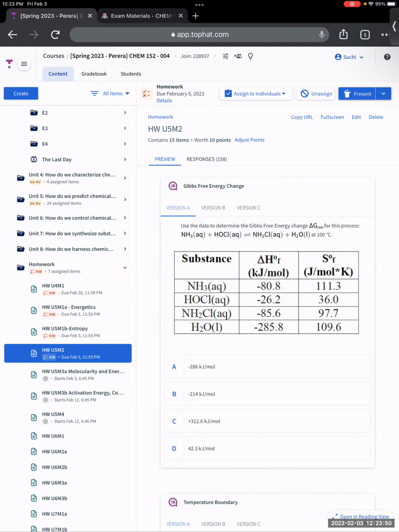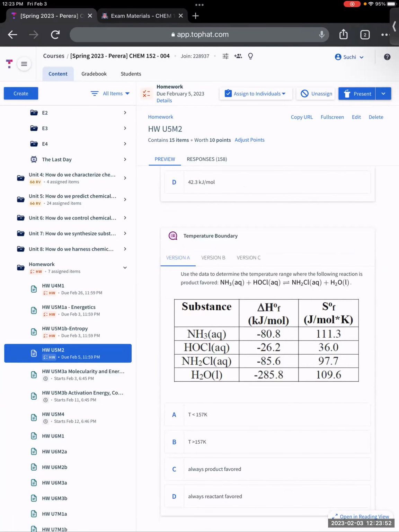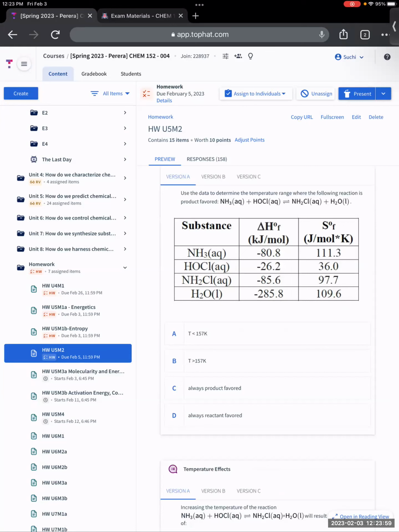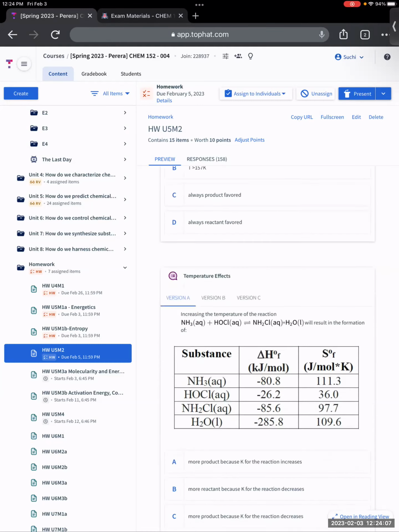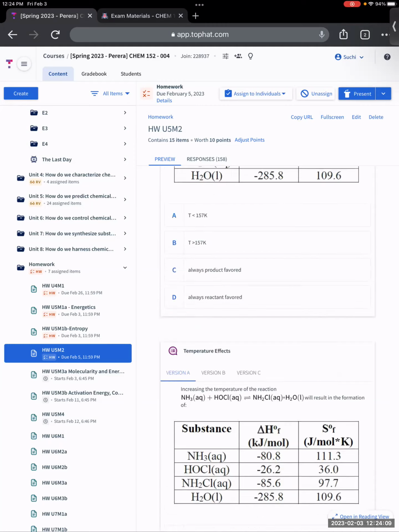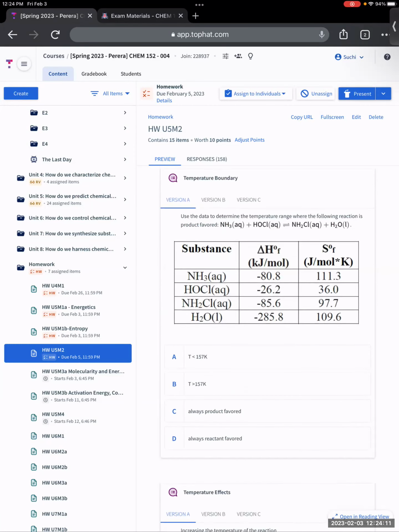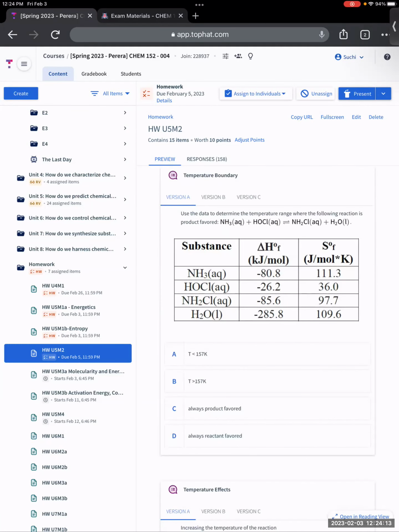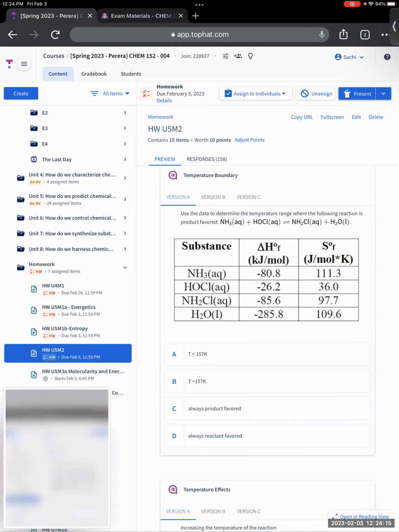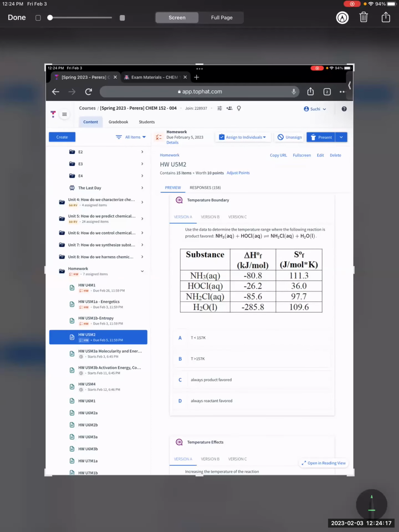Okay, so what we're going to do is, at 100 degrees Celsius, I want to calculate the K value. This is not relevant to this, but anyway, we'll do it, calculating the K value because we know delta G now.